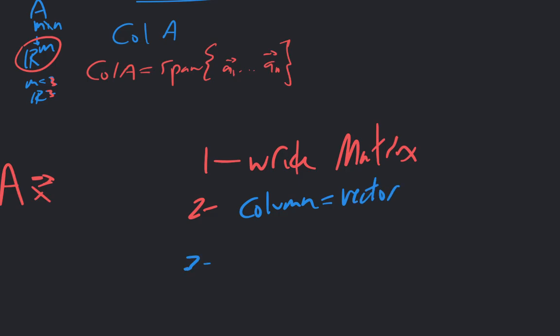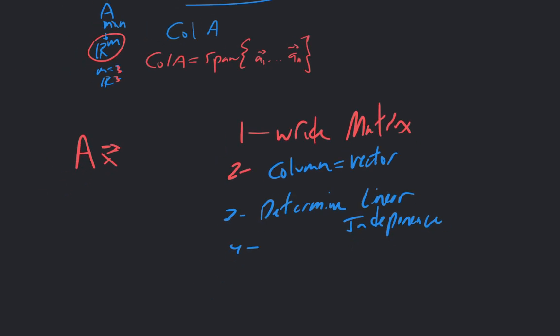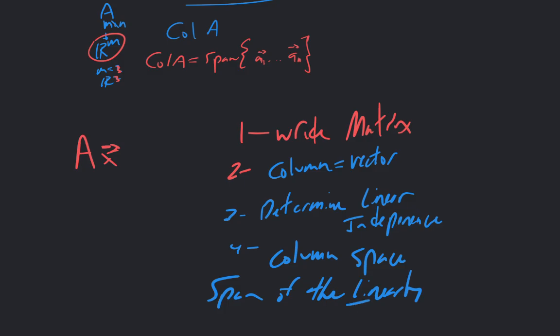Determine which are linearly independent, and then the column space is the span of these linearly independent columns or vectors.